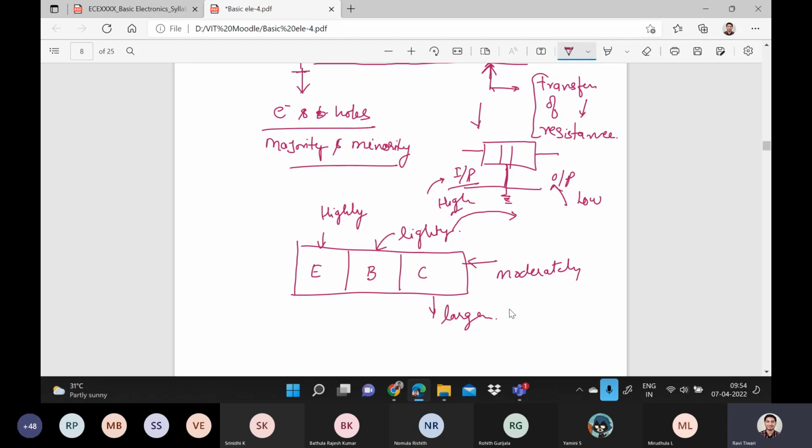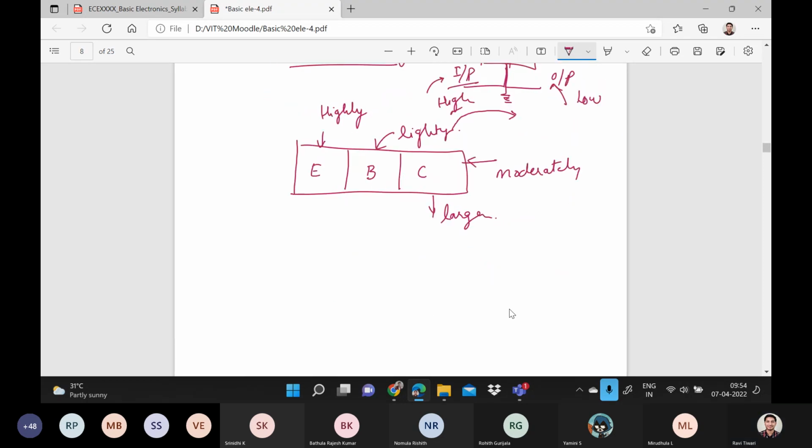Now, the first question is why we need a transistor. Why do we require the transistor? Suppose you have an FM receiver. Whenever the signal comes, it will be very weak due to disturbance from traveling.